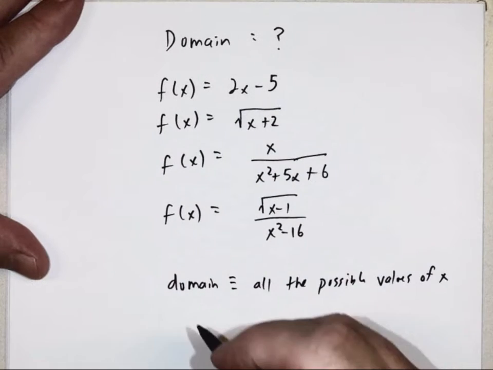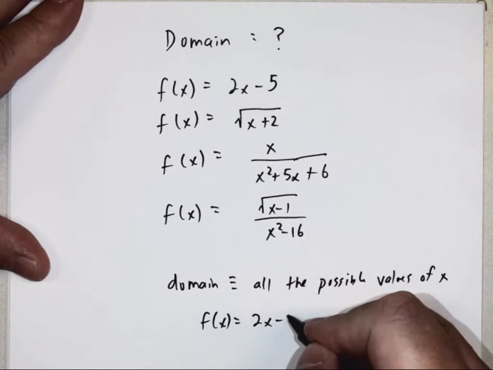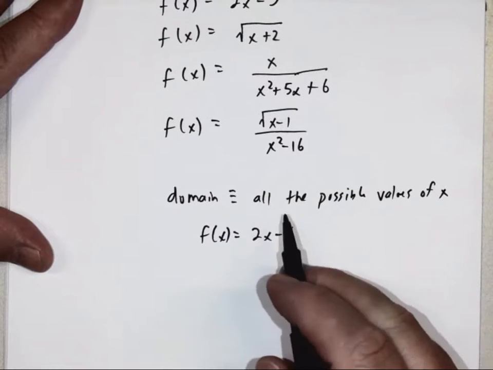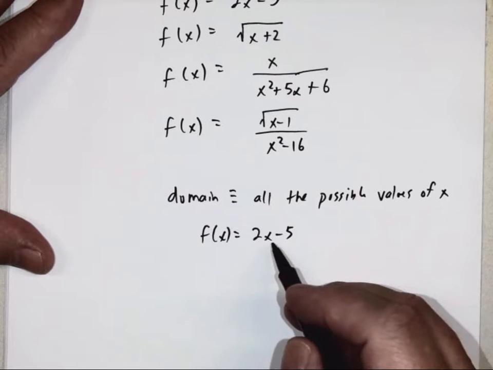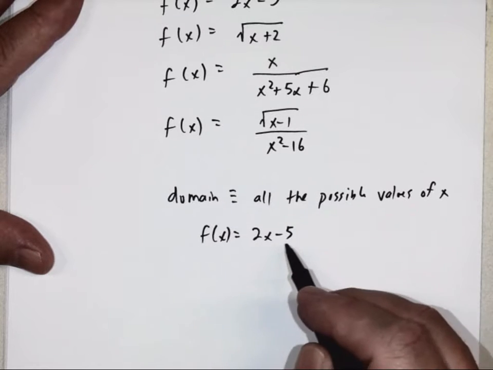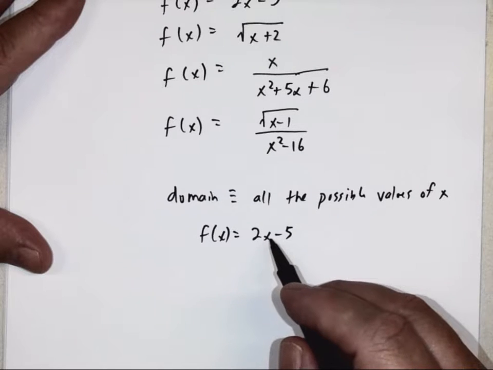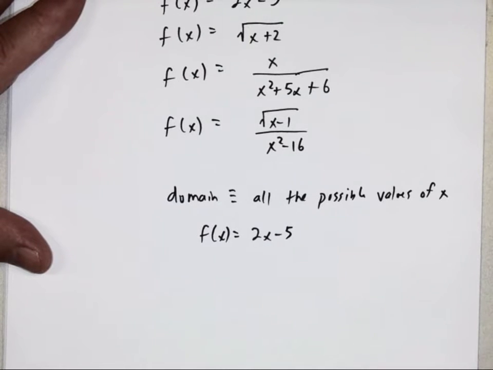Let's just look at this first function. So let's think about that. This seems like sort of a strange idea, but basically it's saying, okay, if I'm looking for the domain of this function, what values could x be in this function and everything will be okay?